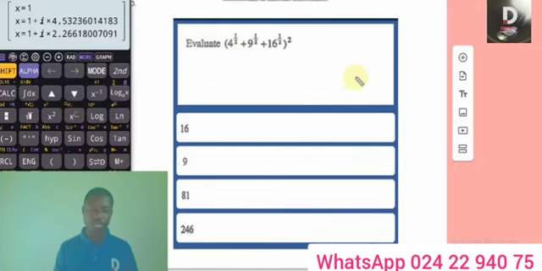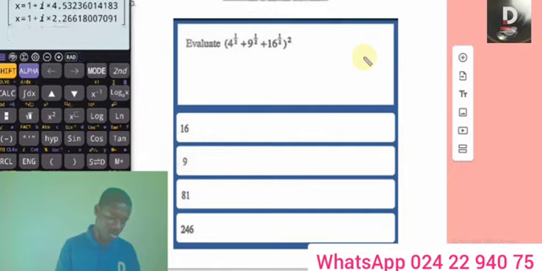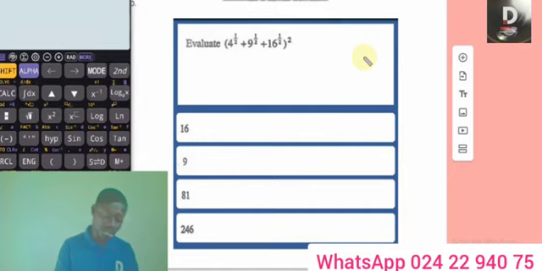Alright, this is an evaluation. So let's do justice to it quickly. Brackets, 4 to the power half. 4 power fraction half. Arrow 2. Okay. Brackets. Then plus 9 to the power half. 9 power fraction half.